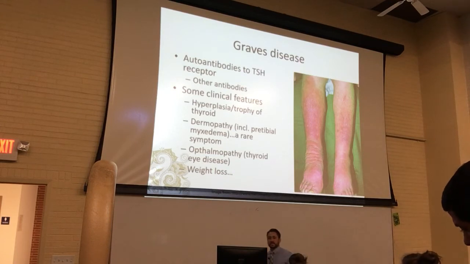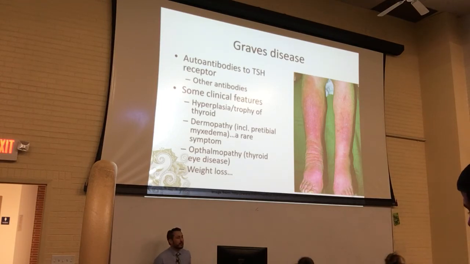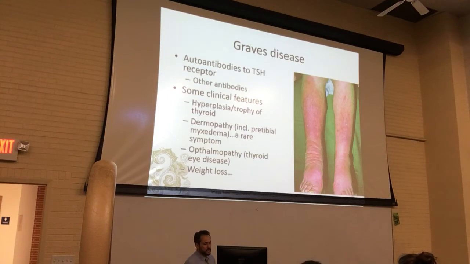But the manifestations can be a little different. You have hyperplasia, or enlargement, hypertrophy of the thyroid. You've got pretibial myxedema, a rarer symptom shown on this slide. You have these lesions that form on the skin, a dermatological condition in conjunction with the systemic manifestations of Graves' disease.